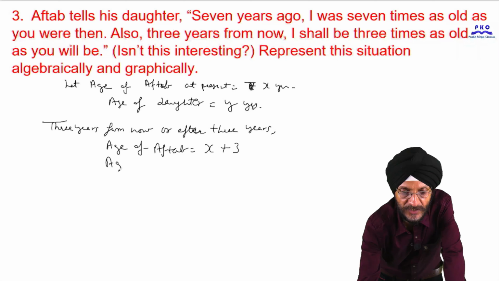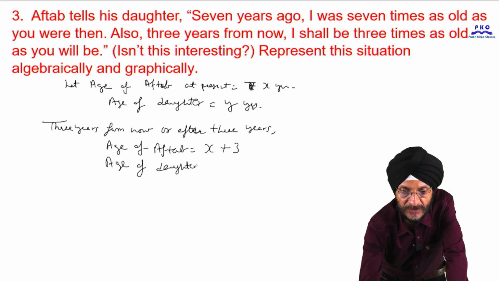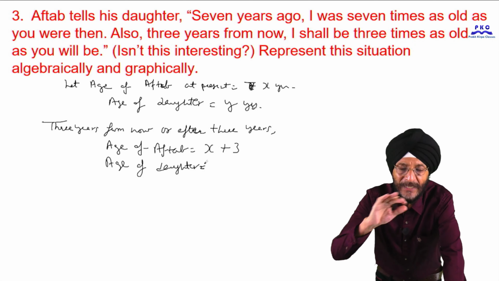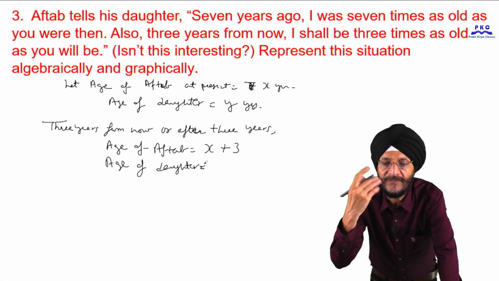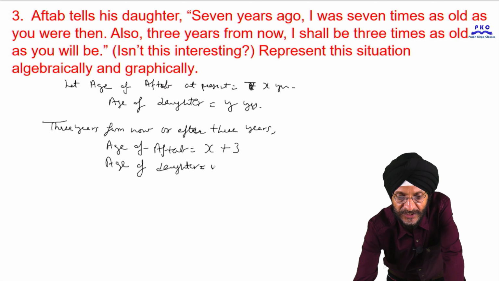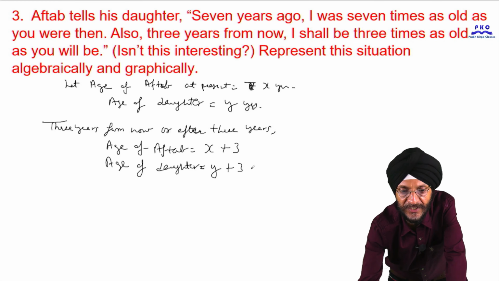What will be the age of his daughter after 3 years? At present, the age of his daughter is y years. After 3 years, she will become y plus 3 years.